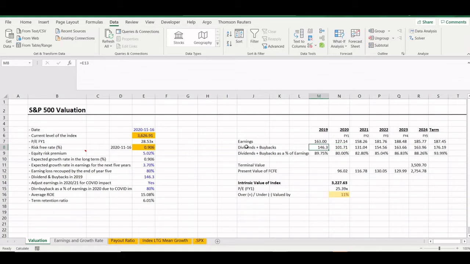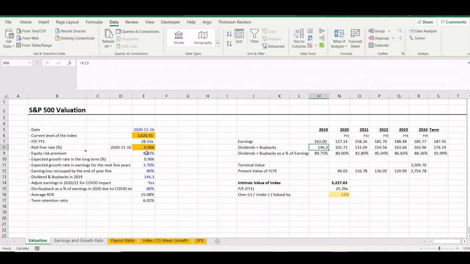And the cost of equity in this case is represented by the relative risk with respect to the market, which is represented in the beta. But because the S&P 500 is a good representation of the market, beta is 1. Therefore, the cost of equity, or the risk in this case, is simply the risk-free rate plus our equity risk premium.